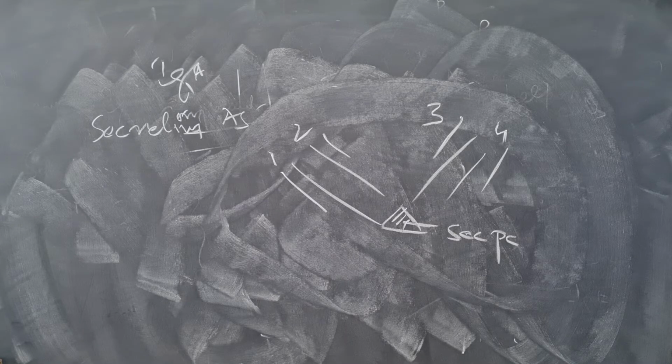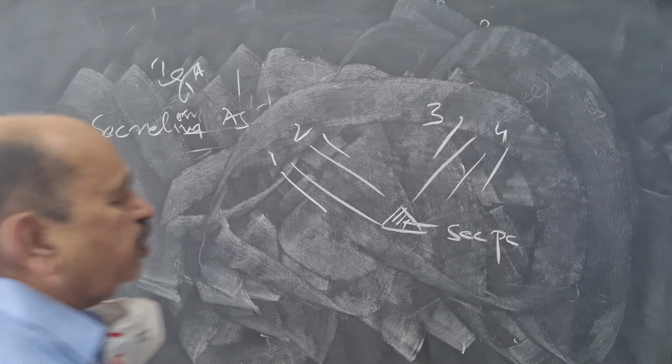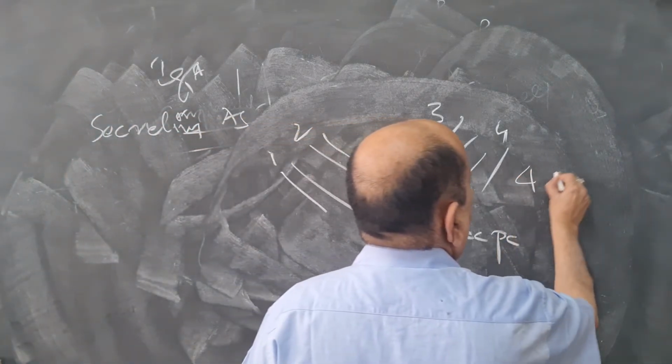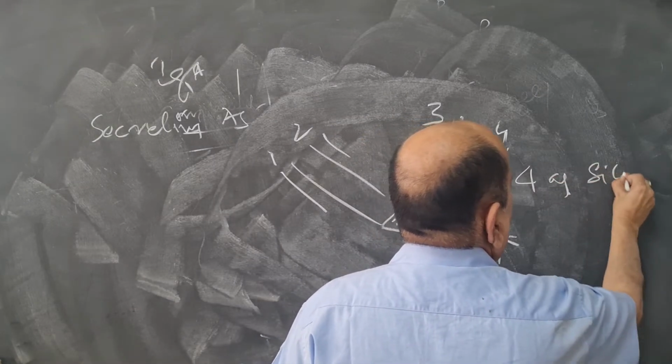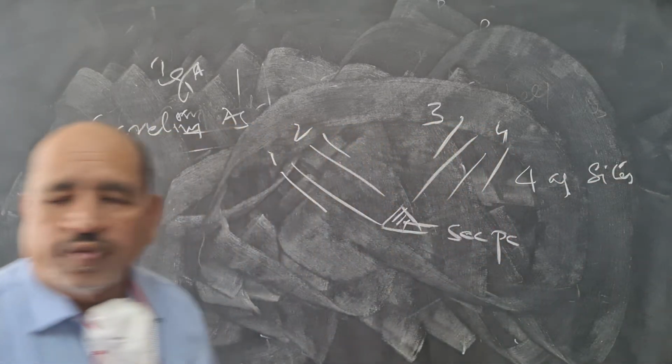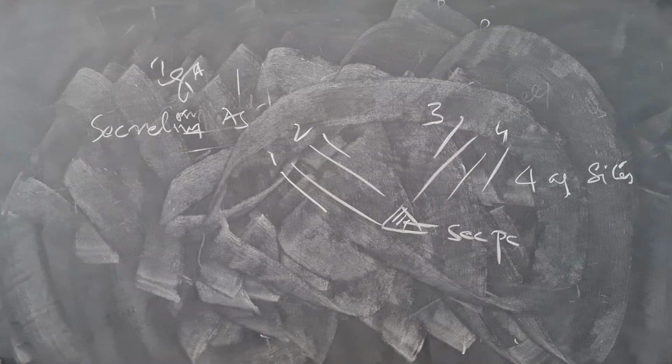So IgA is present in the secretions, and it neutralizes the organism at the site of entry. And how many sites does it have? It has 4 antigen combining sites.